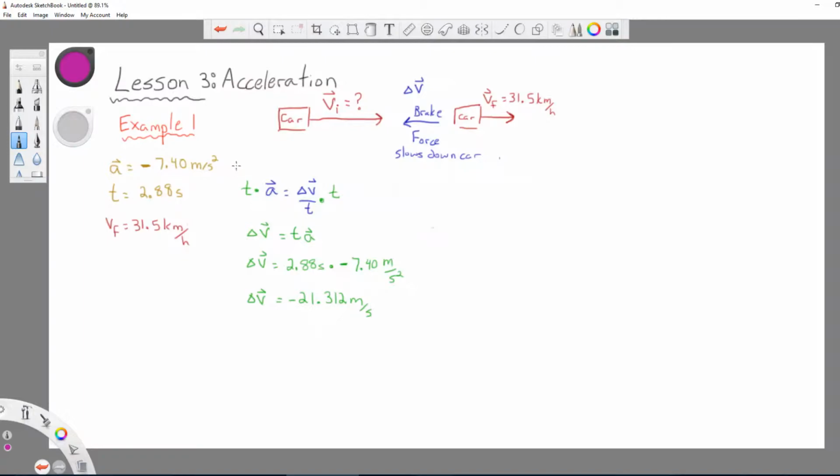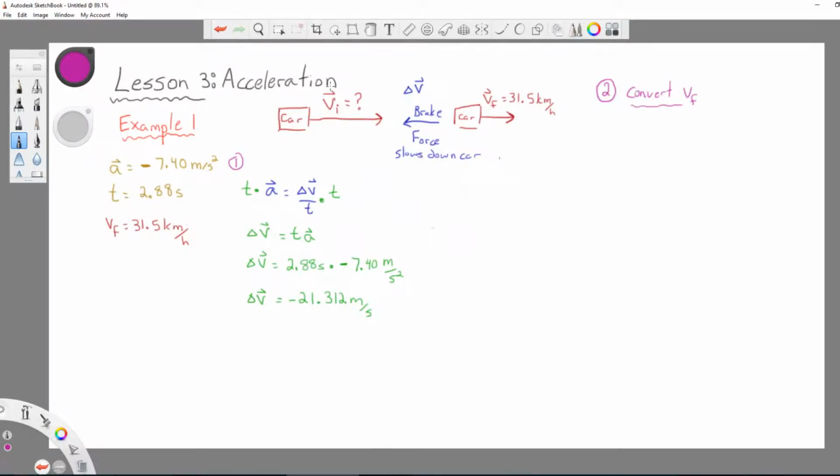By the way, this was, we'll call this step 1. And over here, I'm going to do step 2. Step 2. Okay, we're going to convert VF.